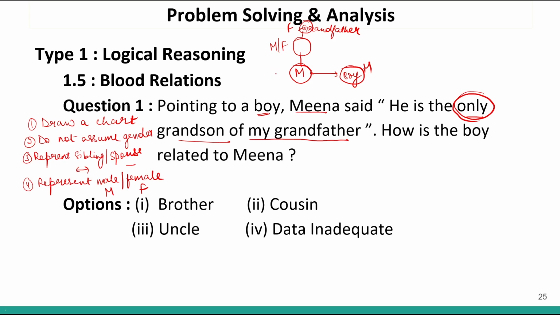So this makes Meena a female person, correct? We have to find out how is the boy related to Meena. So if this is grandfather's grandson, then Meena will be the granddaughter, and they are siblings. So this boy will be Meena's brother. So option number 1, brother, will be the correct answer.